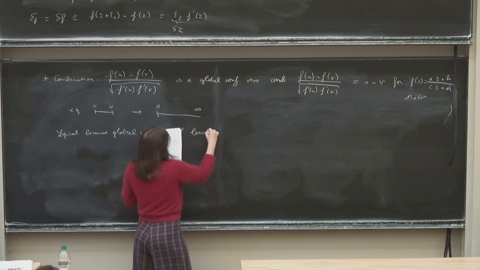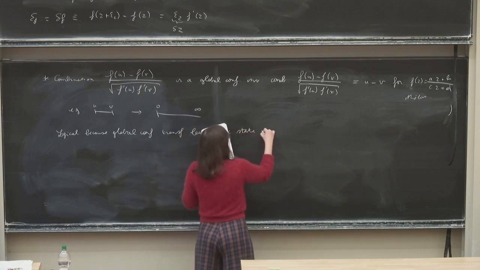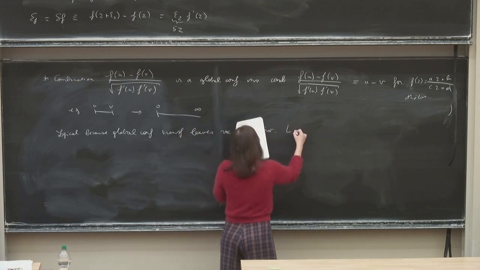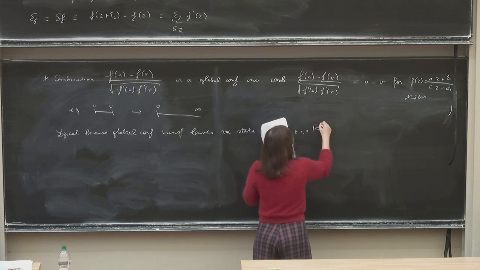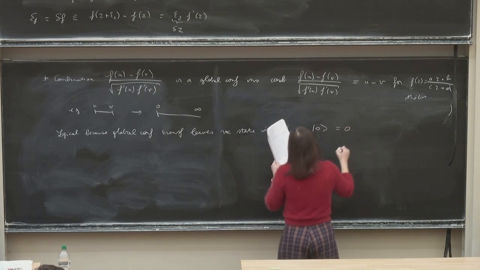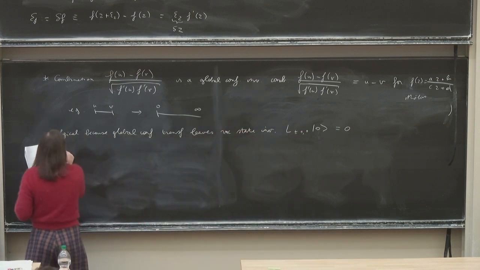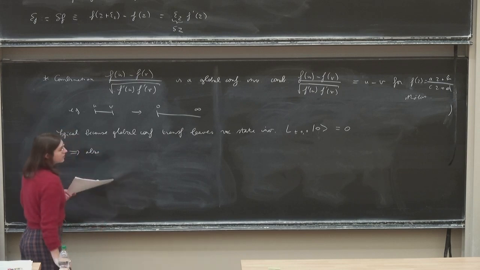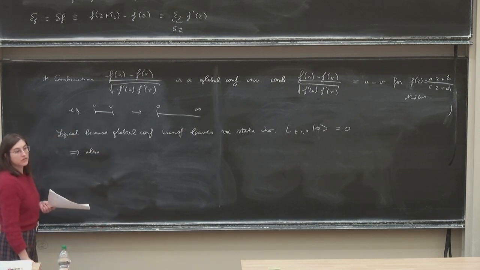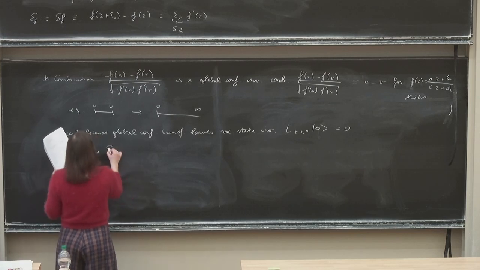So it leaves you in the vacuum. Okay, so let me write it like this, but you don't have to understand this notation if you're not used to it. But if it leaves the state invariant, it should also leave your entanglement entropy for the vacuum state invariant.